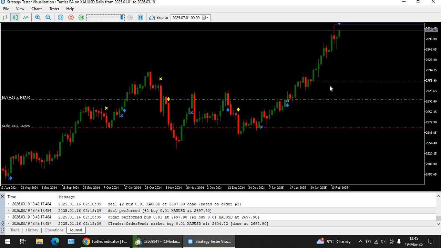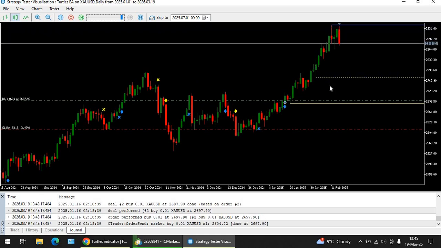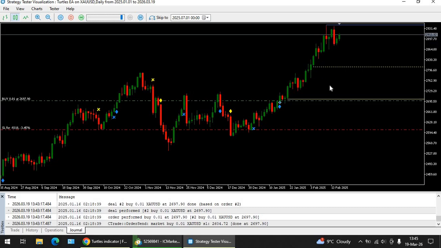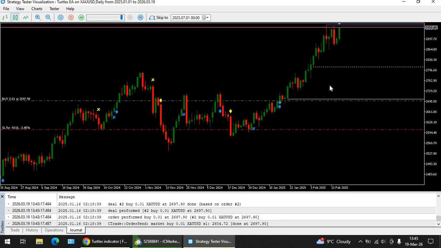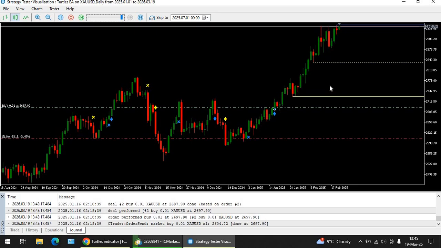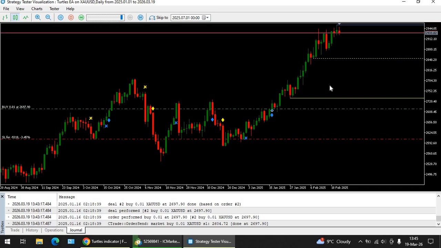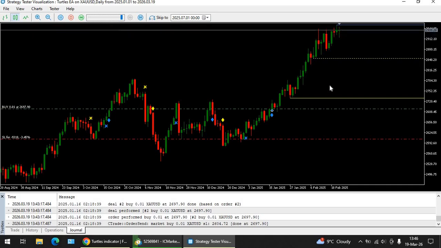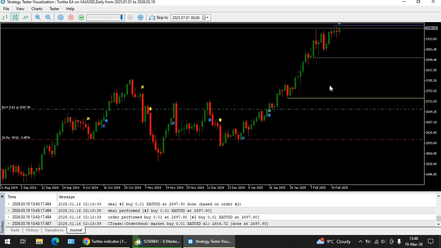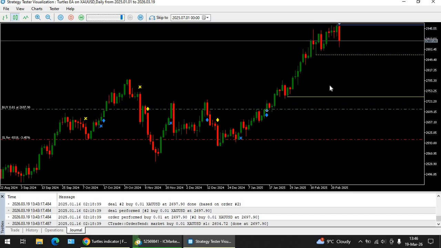Also, when the trend reverses quickly, the expert advisor will not adapt so fast, and you will see that from the top until the trade is closed, a big portion of that virtual profit will be lost. That's normal. Nobody knows when the trend will reverse and how quickly it will reverse.